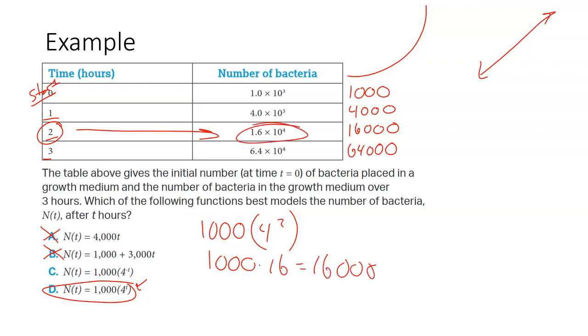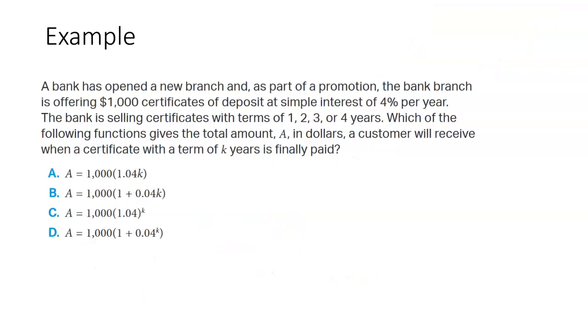Boom, it checks out. It works. So you can always take one of your values, plug it in. Once you eliminate some of the ones that you know it can't be, make an educated guess on what you think it is, and then test it, and then move on. Okay? So this is an exponential growth.